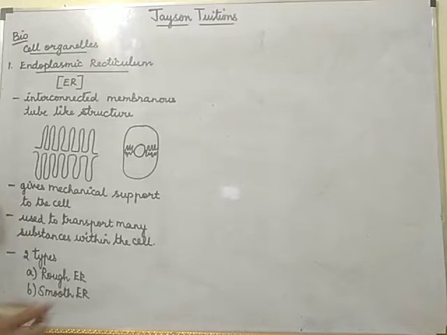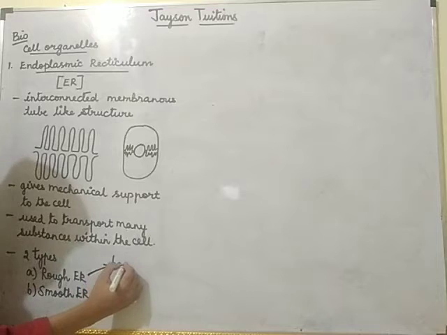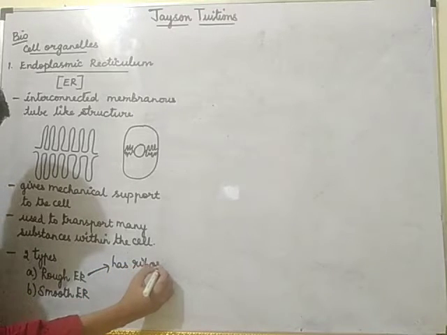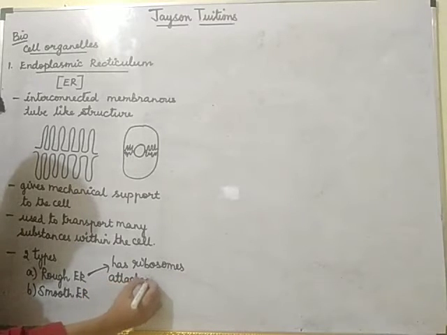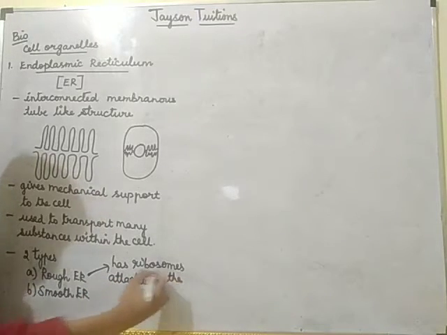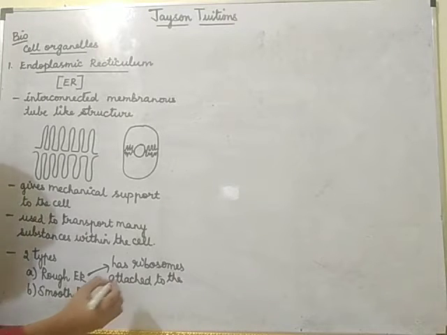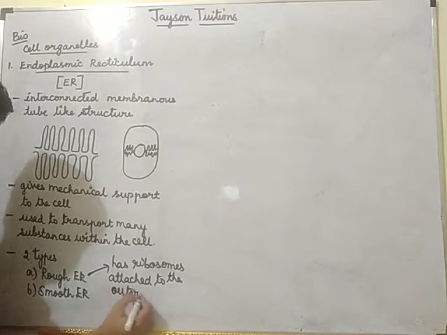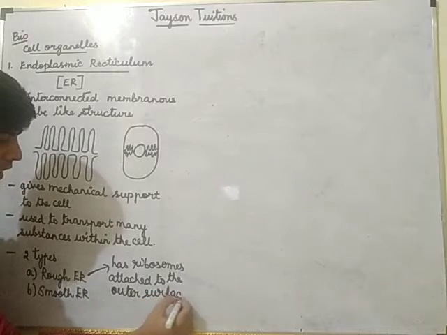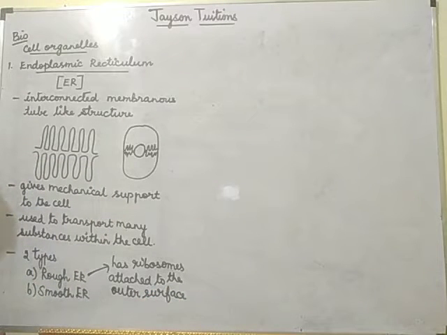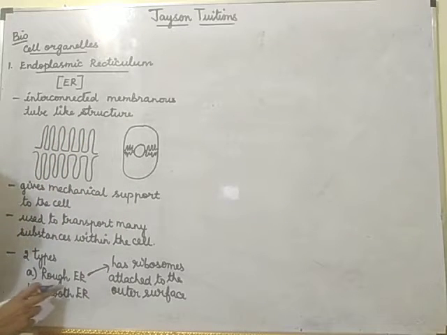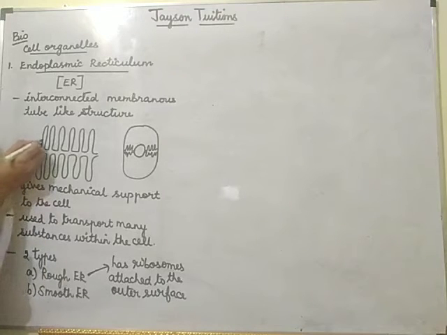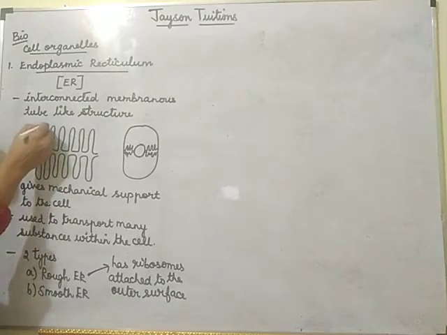Rough endoplasmic reticulum means it has ribosomes attached to its outer surface. It will be a tube like this only, but on this surface it will have dots.